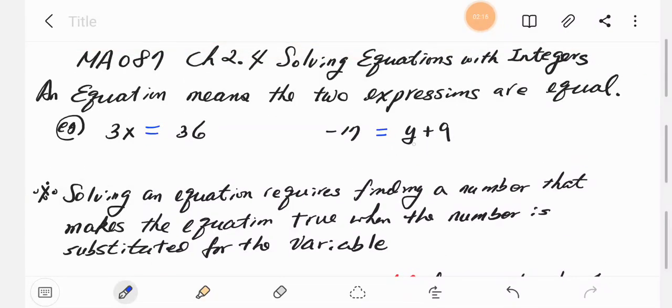If y equals 0, then the left side is 0 plus 9, which is 9. So 9 is different from negative 17. So the value 0 is not a solution, it does not make this equation true. If you find the value of y that makes the equation true, then we call that the solution of the equation.